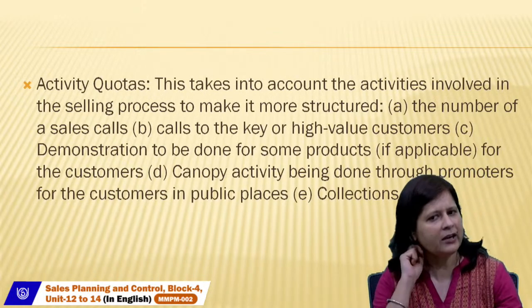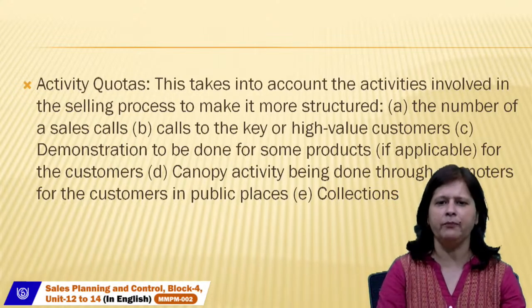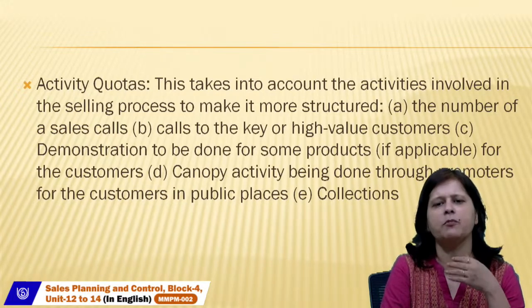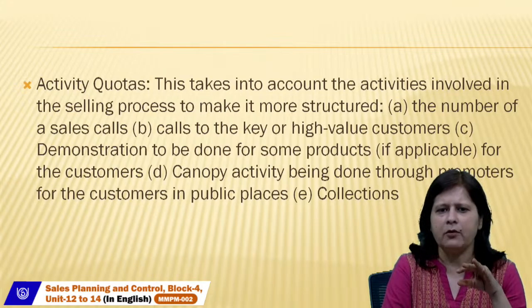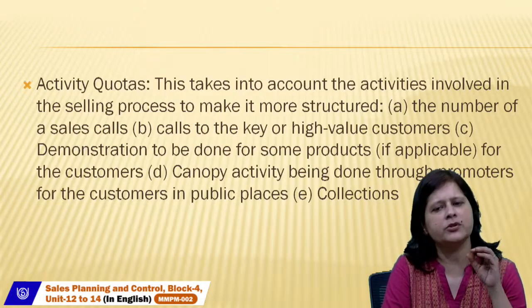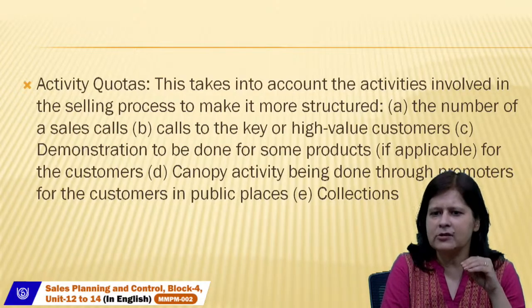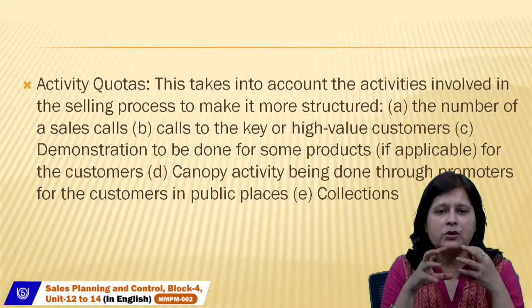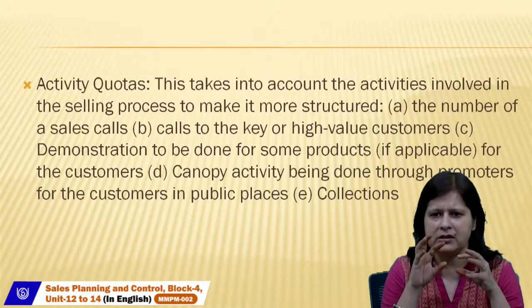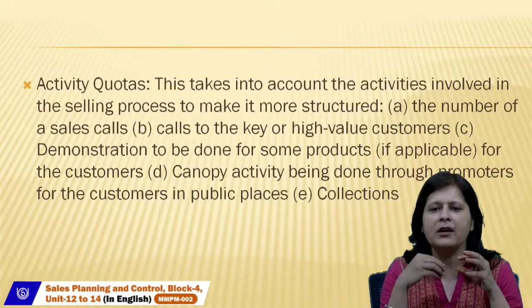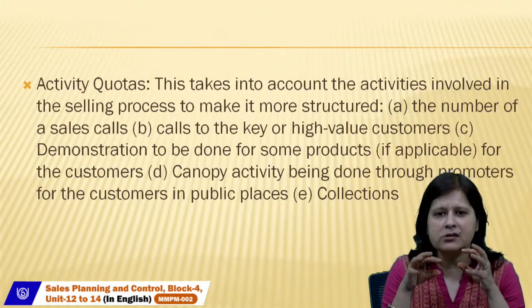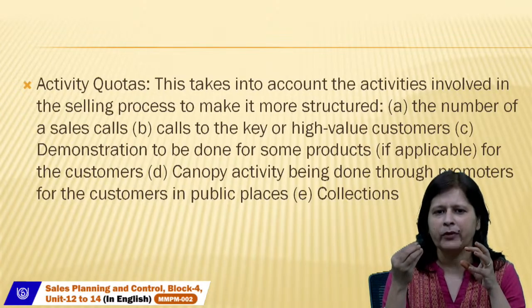Then comes the activity quota. What is the activity quota? This takes into account the activities involved in the selling process to make it more structured, right. So the activity quota includes the activities involved in the selling process: the number of sales calls, that is how many calls have been made, the key or high value calls to high value customers, right.